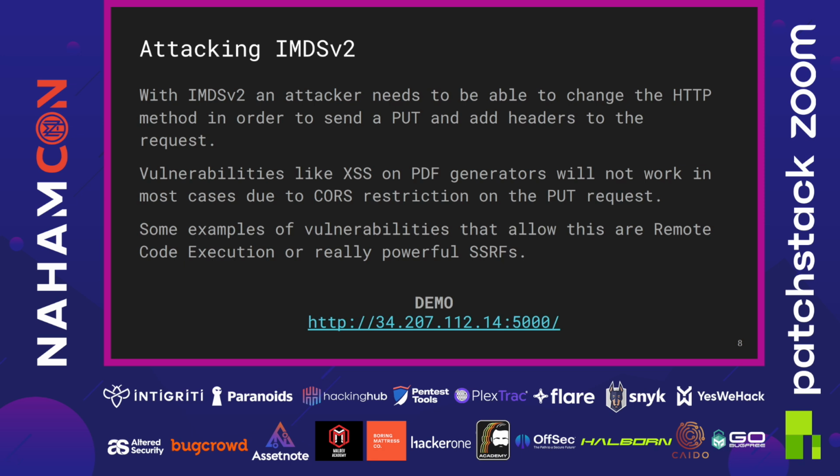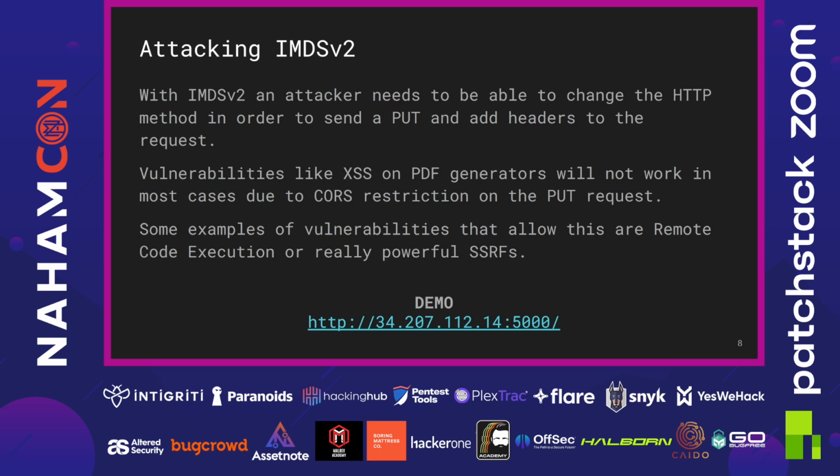Some vulnerabilities like XSS from PDF generators, the first time you think about it, you might think they will work, but after trying it, I don't think it can work, and I think it's due to cross-origin requests being blocked by IMDS.